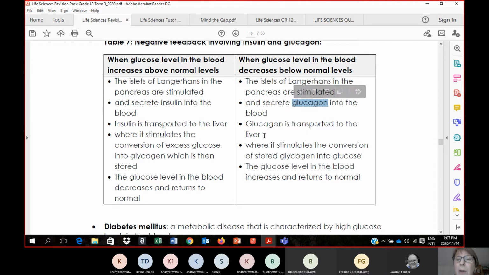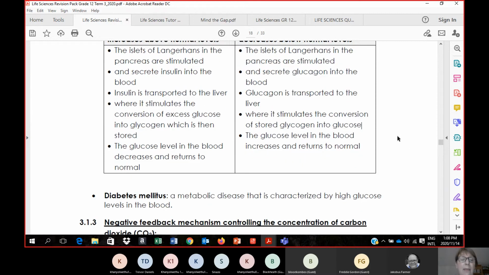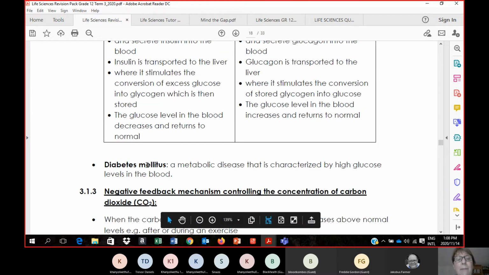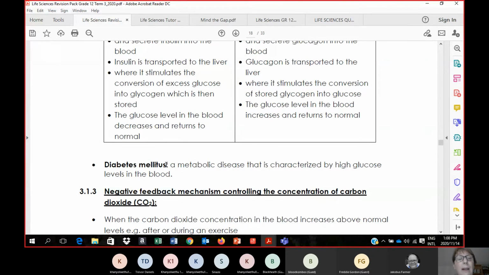And glucagon again goes to the liver, and now all that glycogen is beginning to be changed to glucose, and the glucose goes into the blood and brings it back to normal again. Right. Then you should also know about the disease diabetes, which you can read up about as well. This is when the pancreas is not functioning optimally and you've got high glucose levels in the blood, and you often need to have injections of insulin.